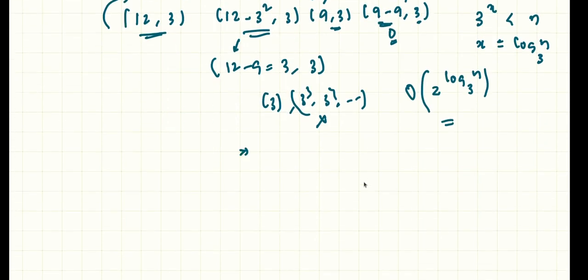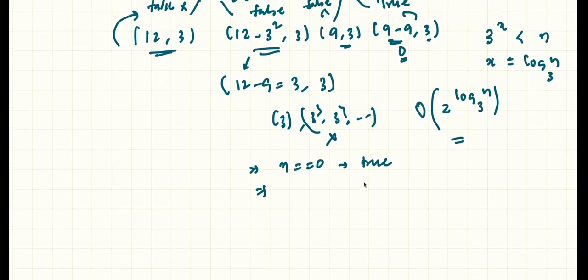The base case will be if n is equal to 0, that means we have to return true in our recursive calls. Otherwise, if n is less than 3 power x, we have reached a number which is greater than what the remaining powers can form, so we have to return false.